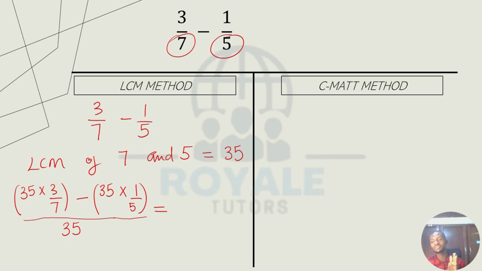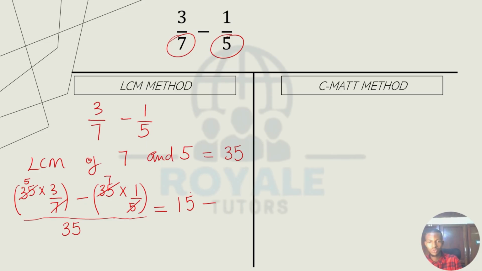Now 35 times 3 over 7. We can see that, look at this first part. When 35 is divided by 7, we have 5. So 5 times 3 is 15. Then on this other side, that is minus, when 35 is divided by 5, we have 7.